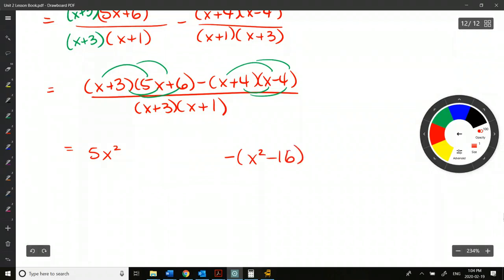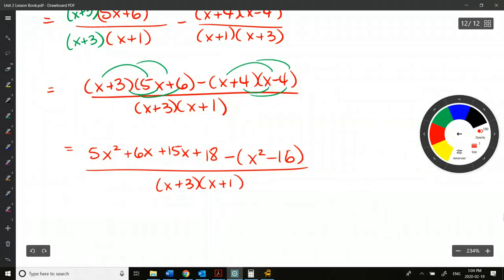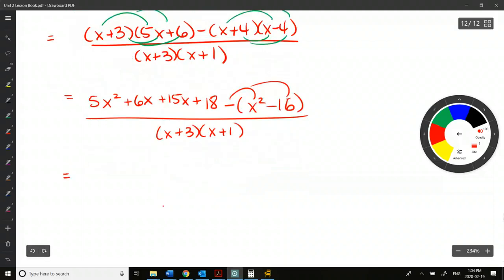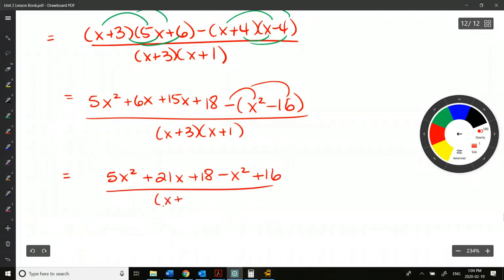Okay. So first, brackets here. This is the one really crucial difference between the addition questions and the subtraction questions.